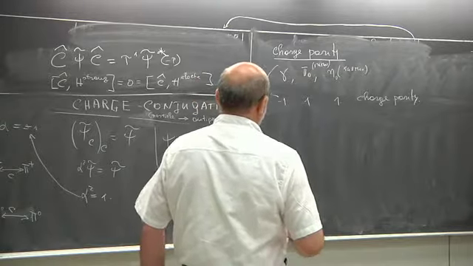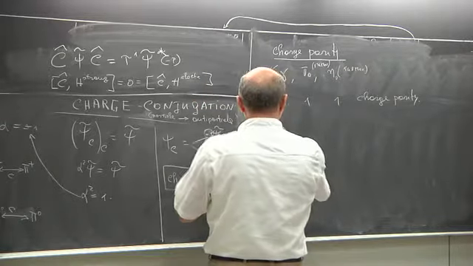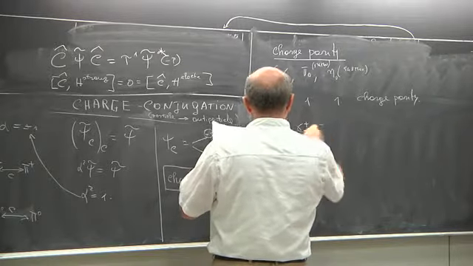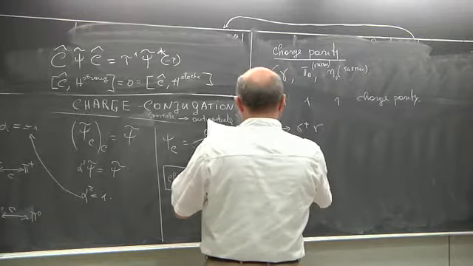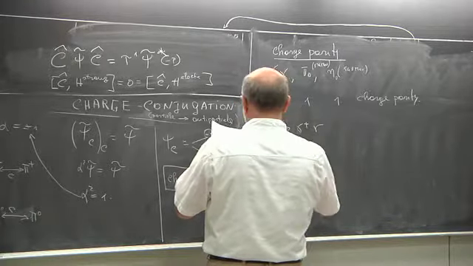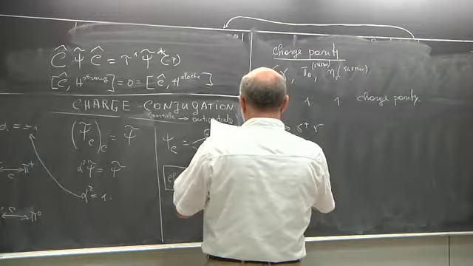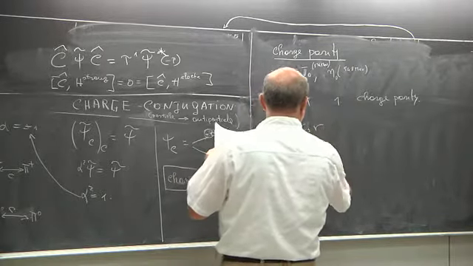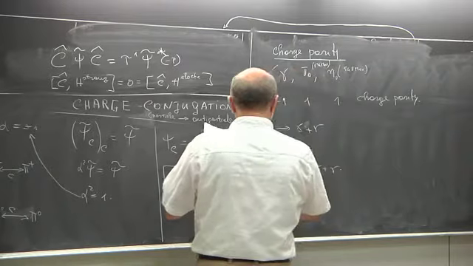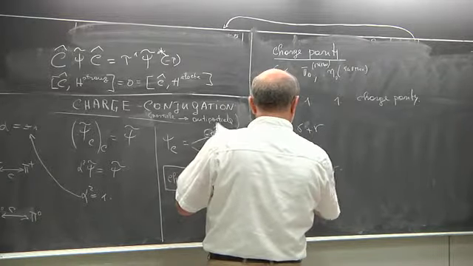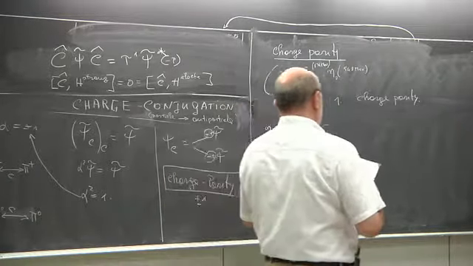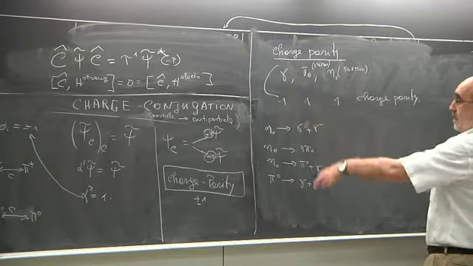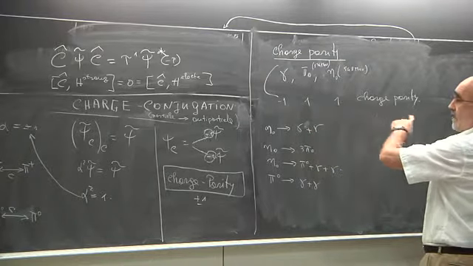For example, some of the decays that we see in nature are eta 0 going into gamma gamma, or eta 0 going into 3 pi 0, or eta 0 going into pi 0 plus gamma gamma, or pi 0 going into gamma plus gamma. You see, all these are strong interactions, it means nuclear interactions. Let's see if the charge parity is conserved.